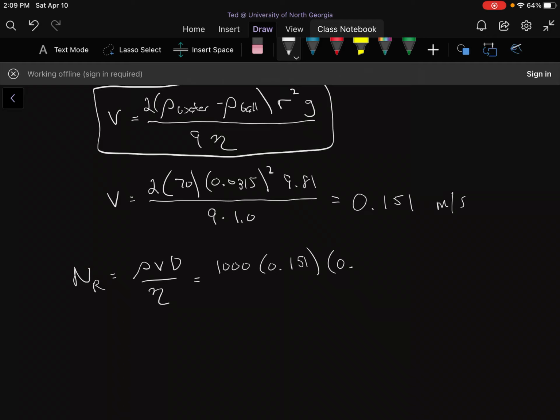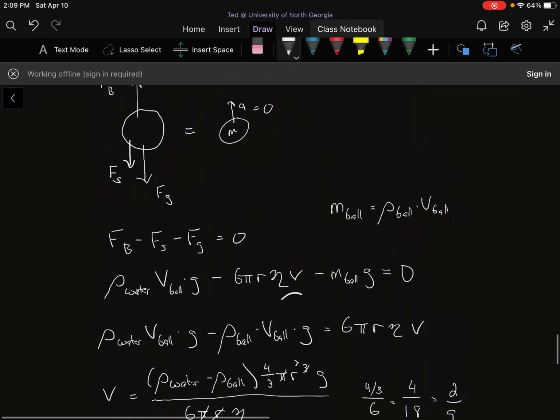Okay, but to calculate the Reynolds number, I do need the diameter, 0.063, divided by the viscosity, which is equal to... Son of a bitch. I said the viscosity was 1, but that's not right.